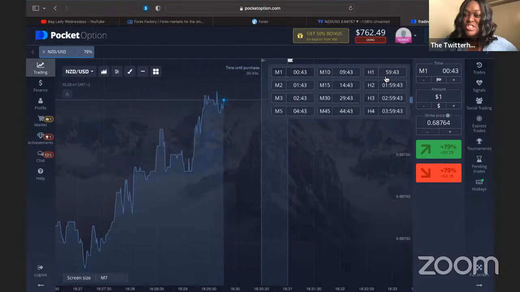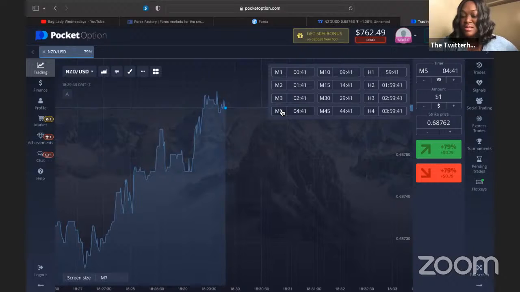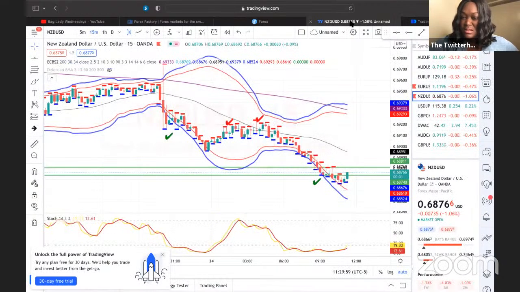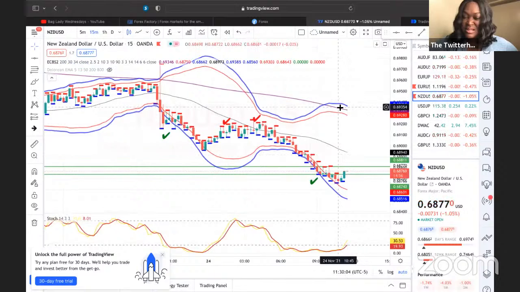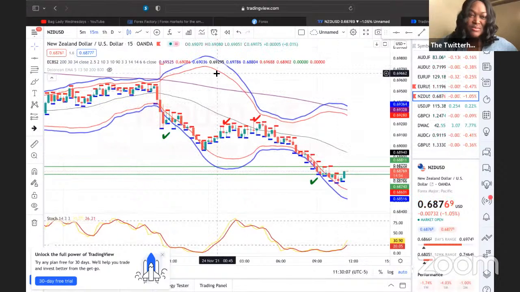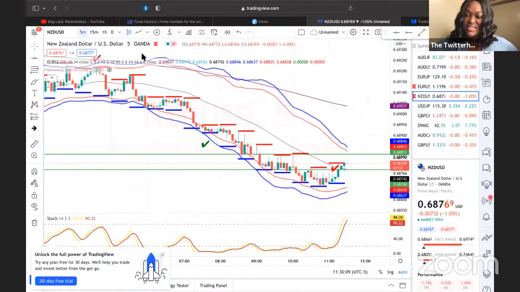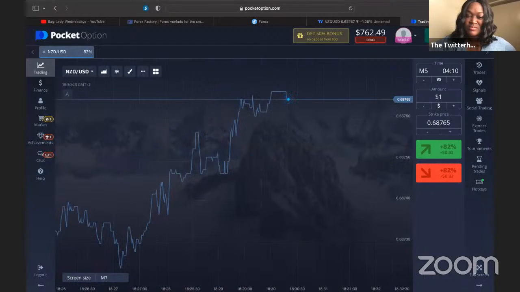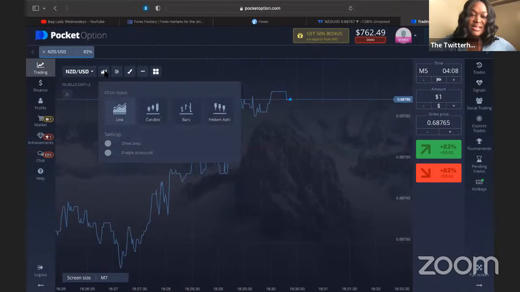I'm going to change this to M5. Oh, it didn't quite make it up there by 11:30. 11:30 is a turnaround, so I don't like it like that.